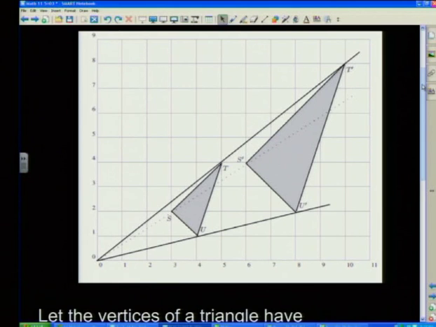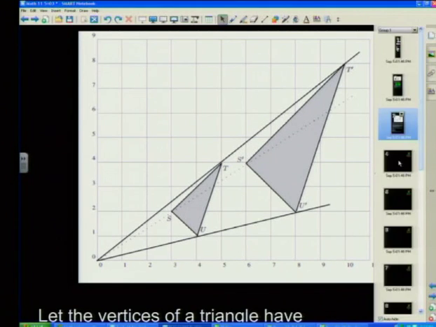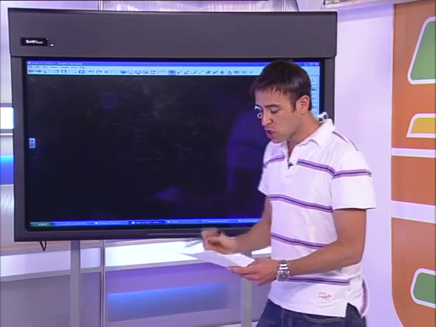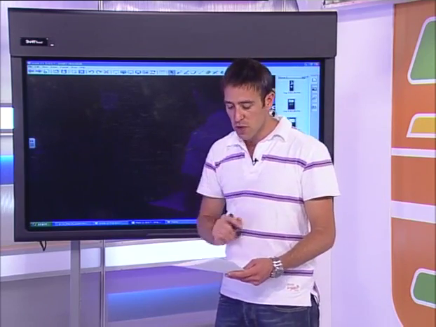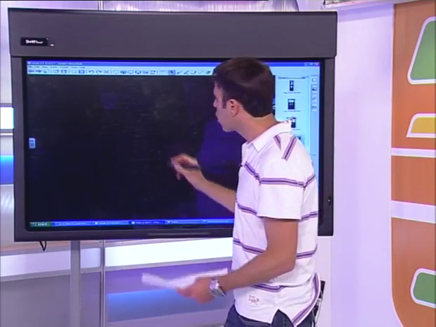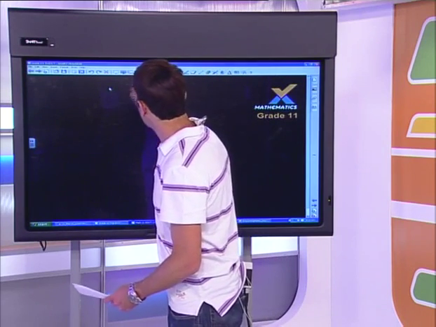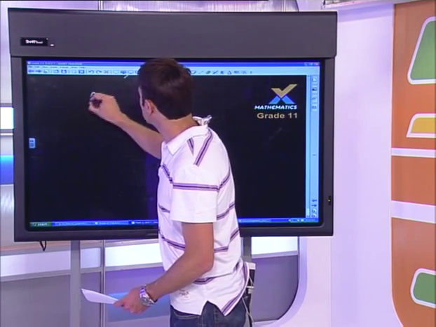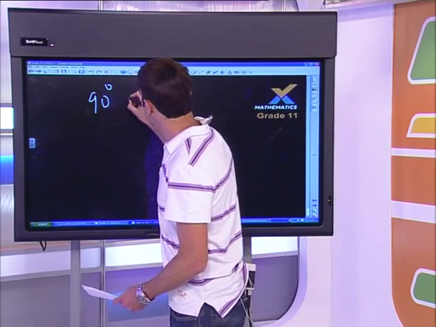Okay, so we've spoken about, I'm just going to use my little cheat sheet here so I remember to give you everything, the 90-degree clockwise rotation.